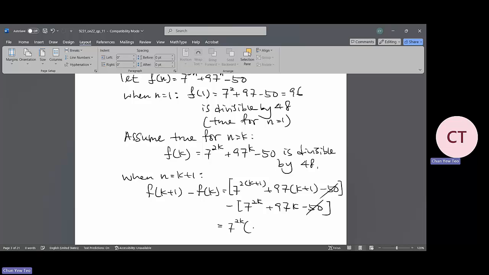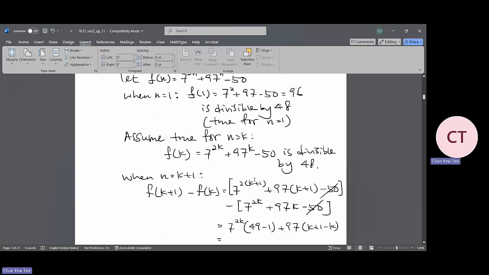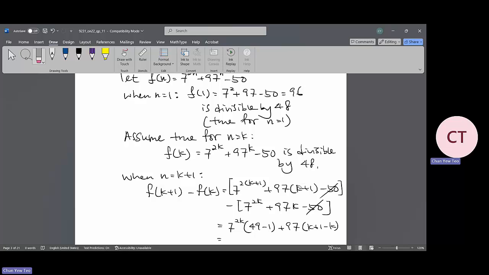If you factorize it, you will get 49 minus 1 plus the 97. Oh, sorry, 97 power k, not multiply.